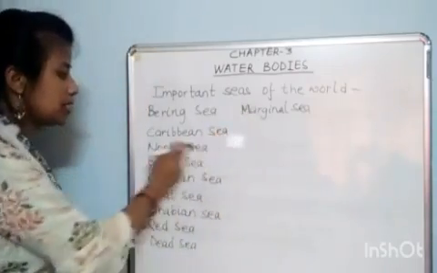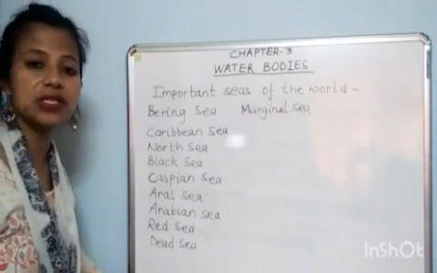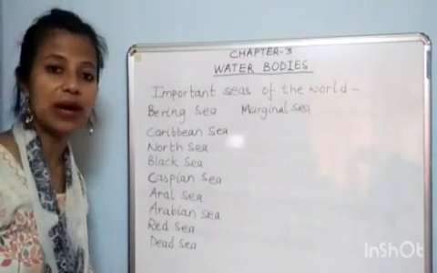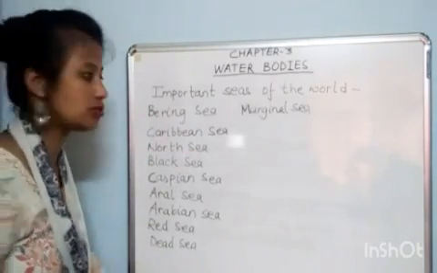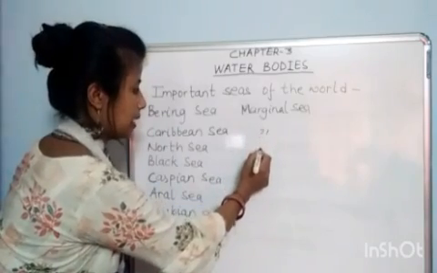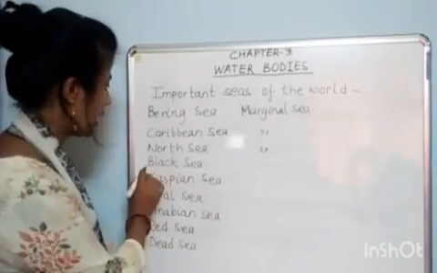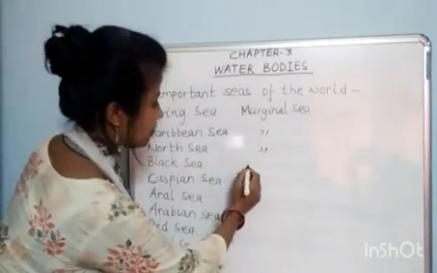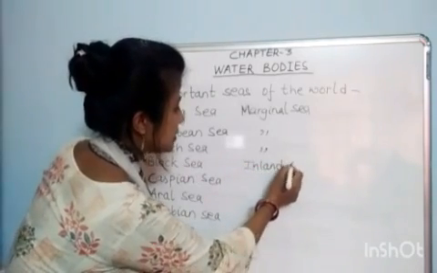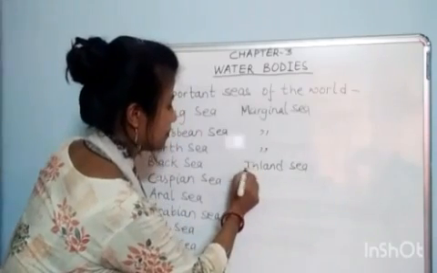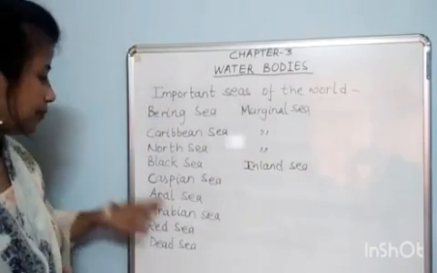Bering is marginal, Caribbean is marginal, North Sea is a marginal sea. It means partly enclosed by the land. That's why they are marginal seas. These 3 are marginal seas. And Black Sea, this is an inland sea, which means completely enclosed by land.